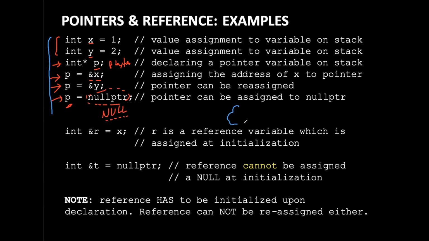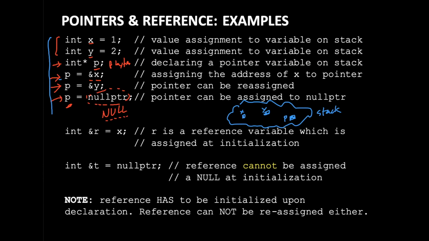Let's say you have a memory cloud. Both x and y are occupying certain spaces inside this memory cloud on the stack. And both x and y have different memory addresses associated with them. So is p, which is a pointer data type that sits somewhere else, also on the stack. We assigned a value to p.